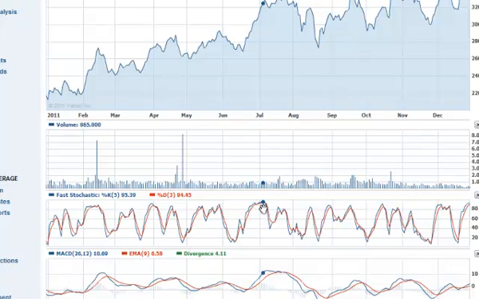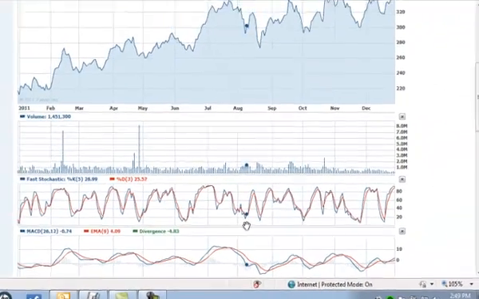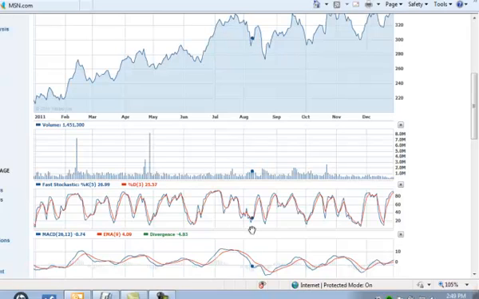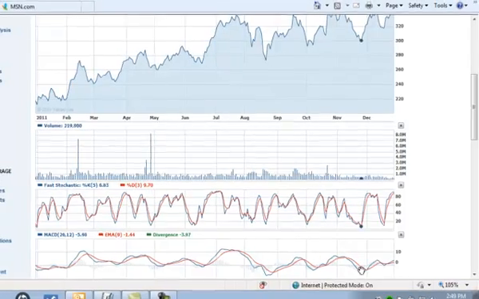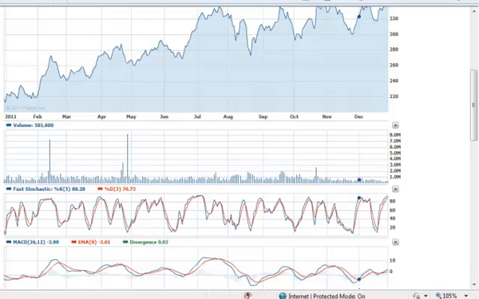So you can see this. You can see the correlation here. Now see, here's the blue line going way below the red line, and look at the downturn that we had in the stock. And if you come out to the very end where we are now, you can see that the blue line has transitioned below the red line. It's come up and it's crossed over, and look at the trend that's up there.